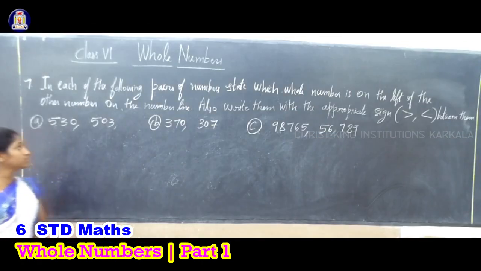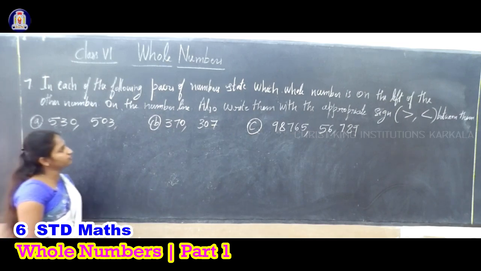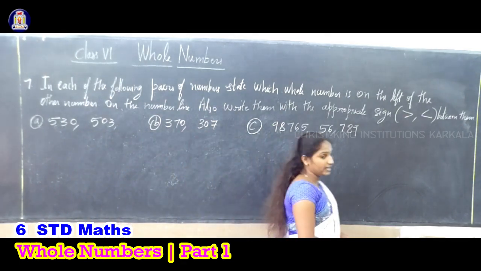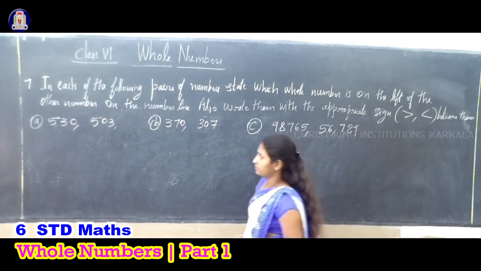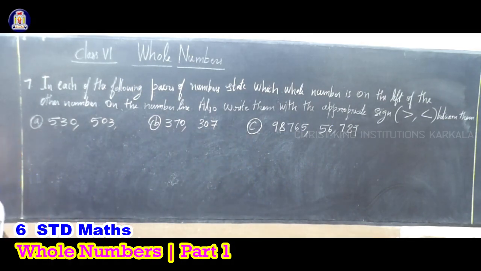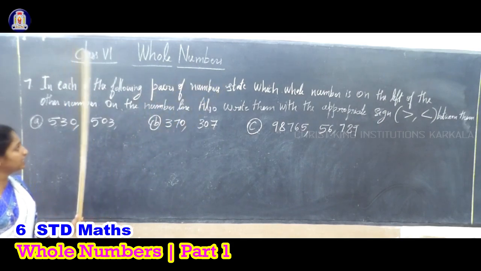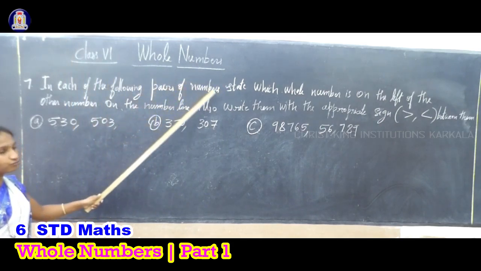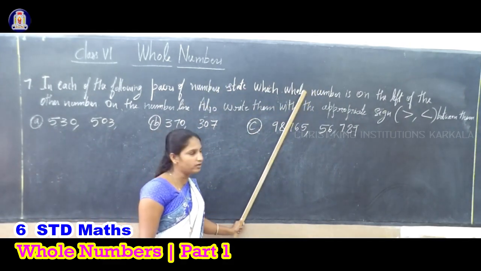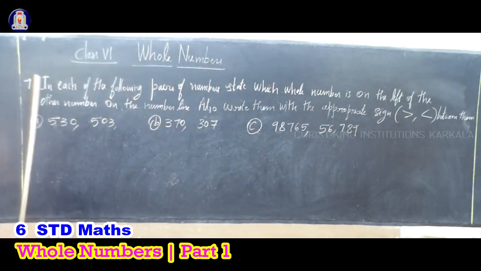Okay. The next question is 7th one. In each of the following pairs of numbers, state which whole number is on the left of the other number on the number line. Clear?